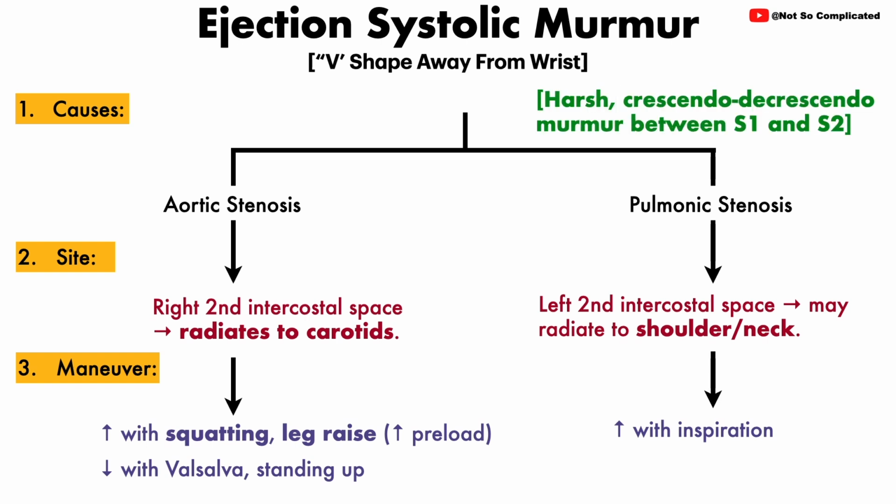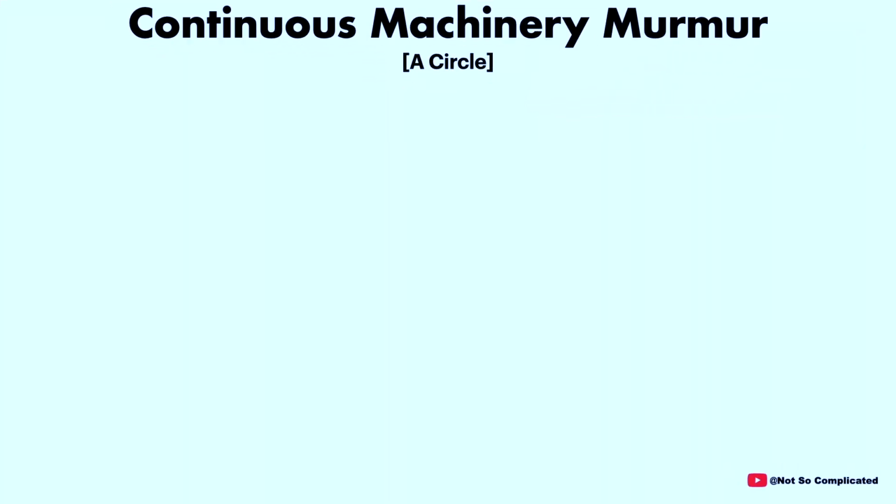So the sound of this murmur, ejection systolic click or murmur, is a harsh crescendo decrescendo murmur between S1 and S2 heart sounds. All right, so now the other one is a circle. Draw a circle, and what you hear is a continuous machinery murmur, as in patent ductus arteriosus. The third one we have is continuous machinery murmur.